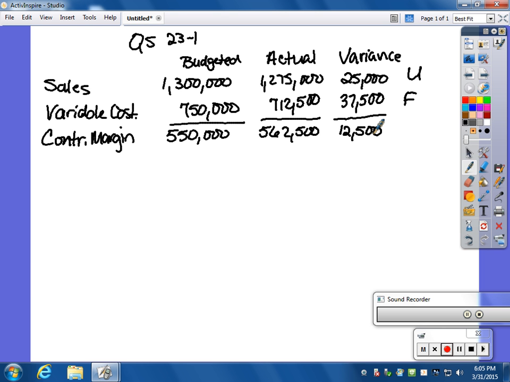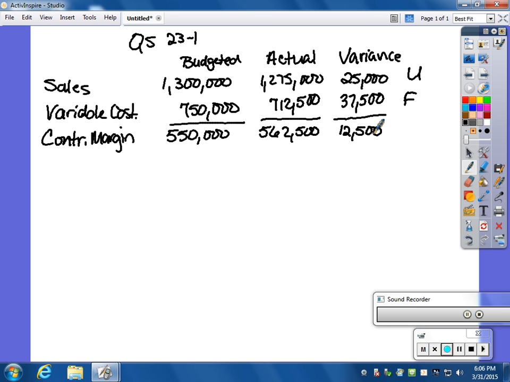The budget of 750 and then the expenses are 712. Which one is less? When the actual is less than the budget for a cost, it's favorable. Now for the contribution margin, you compare the actual and the budgeted. Do you see that the actual is more than budgeted for contribution margin? Yeah.